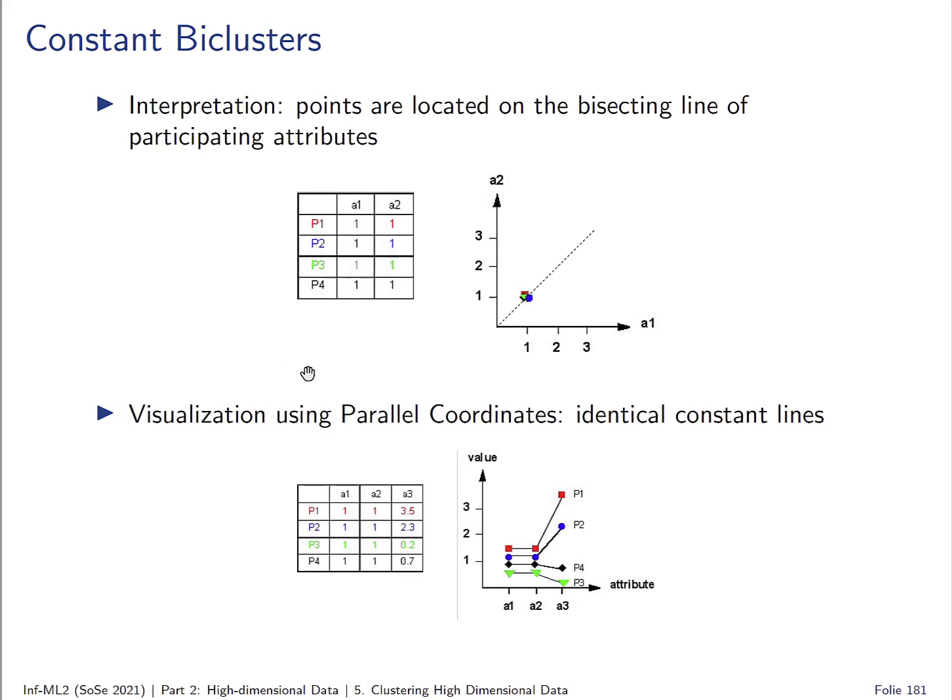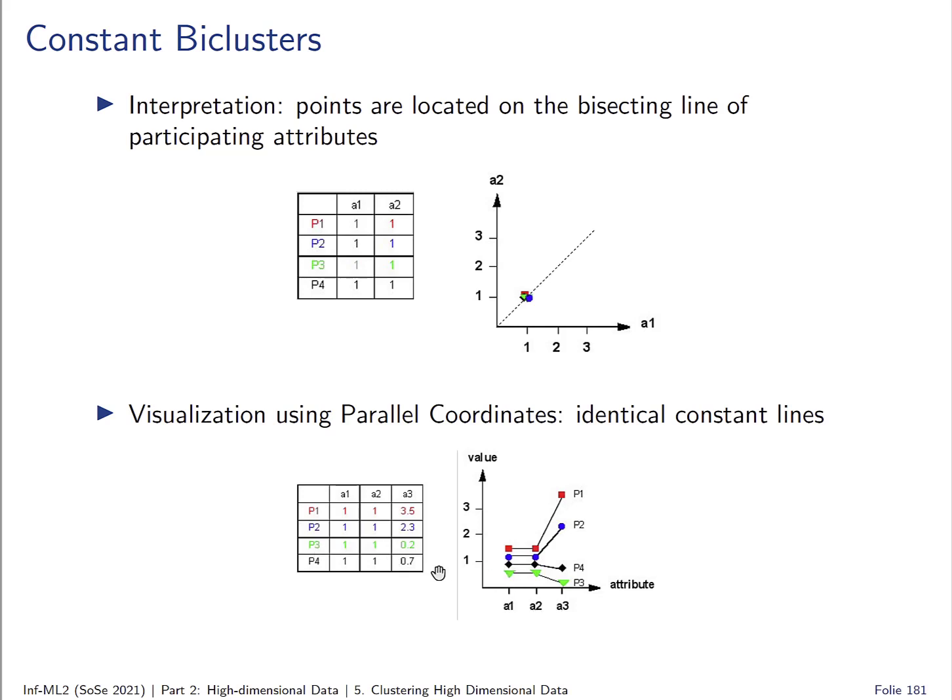We will also use a visualization technique called parallel coordinates in order to see what kind of patterns are actually in these biclusters. So on the x-axis we have the attributes: here you see A1, A2, A3, and on the y-axis we just have the actual values in the corresponding features.